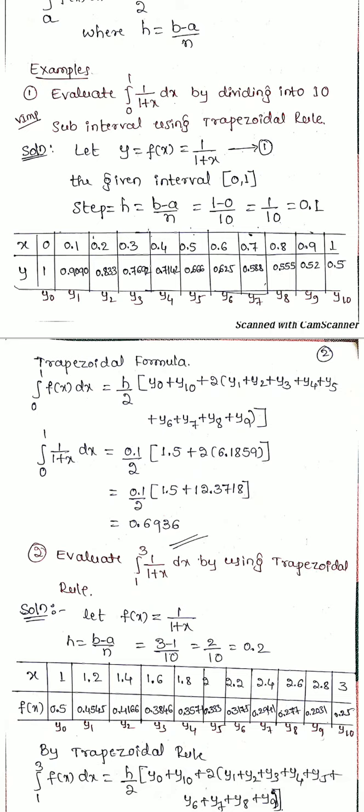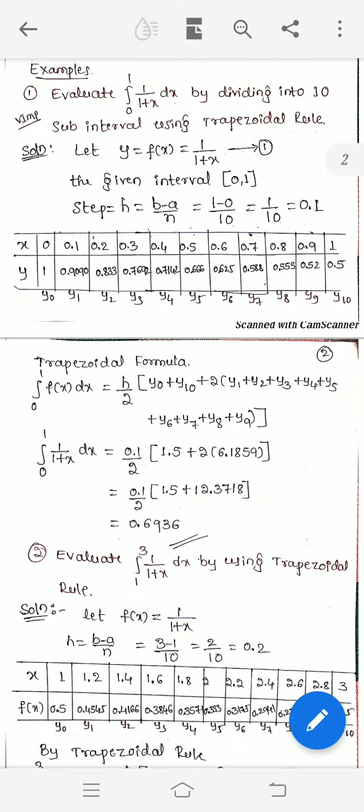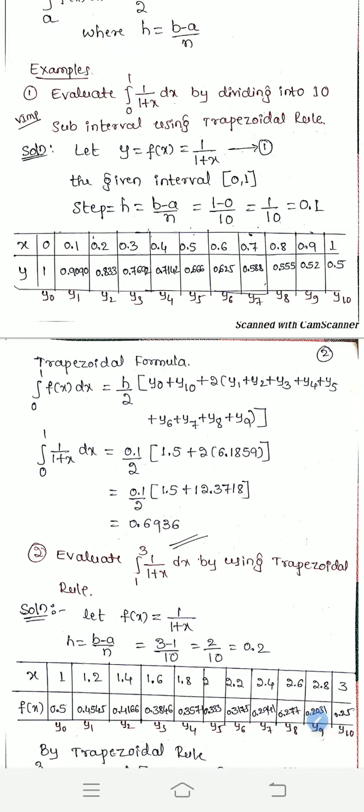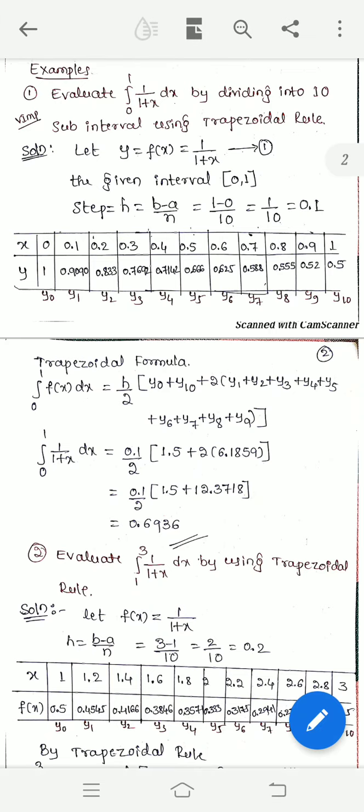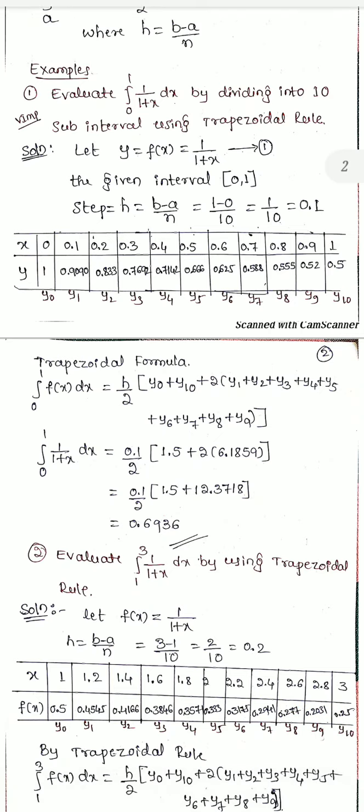Okay, so after constructing this table, we have to use the trapezoidal formula. The trapezoidal formula, what does it say? It is given by the integration from 0 to 1 of f of x dx, which is equal to h by 2 into the first term plus the last term. The first term is y0 and the last term is y10.